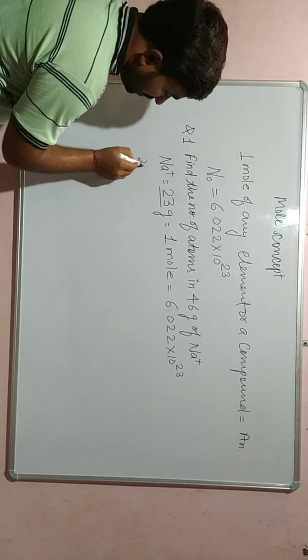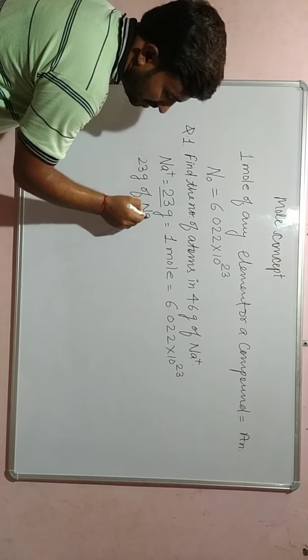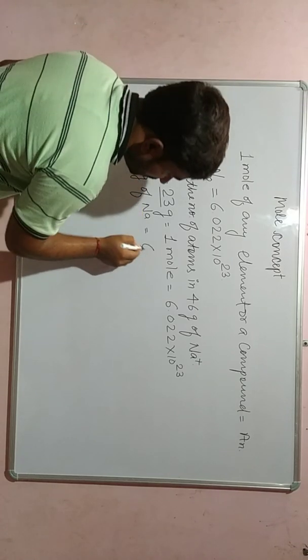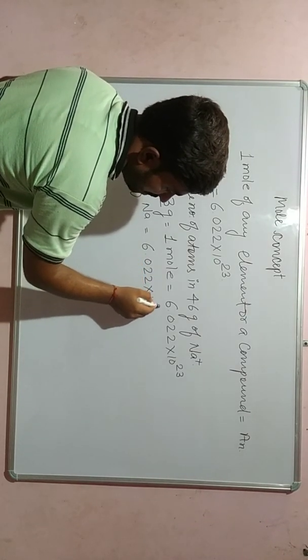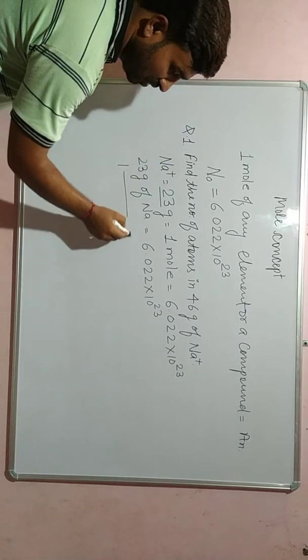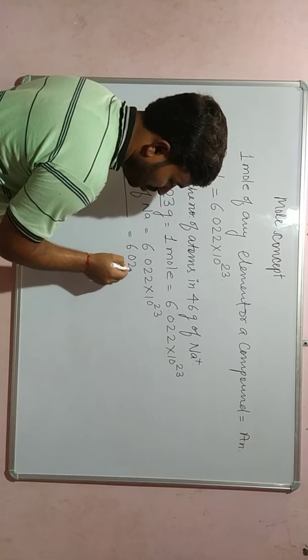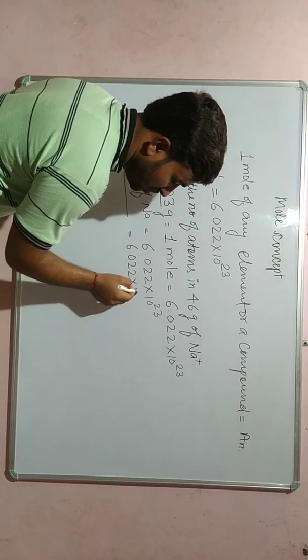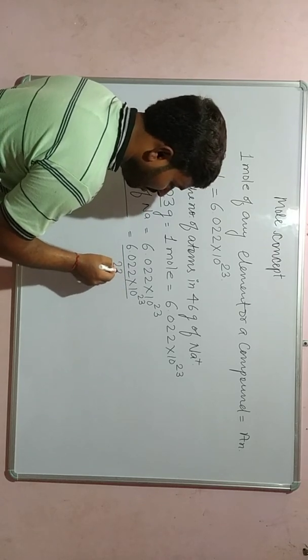So 23 gram of sodium is equal to 6.022 into 10 raised to power 23 atoms. 1 gram of sodium is equal to 6.022 into 10 raised to power 23 divided by 23.